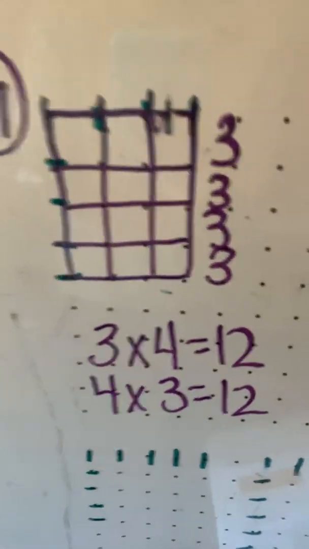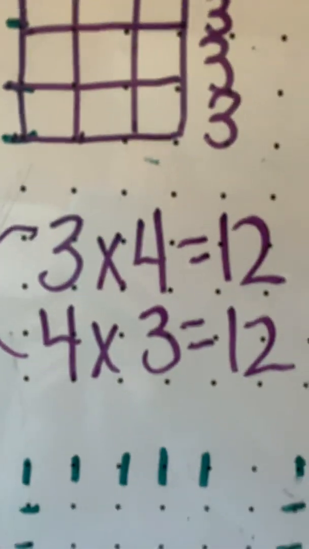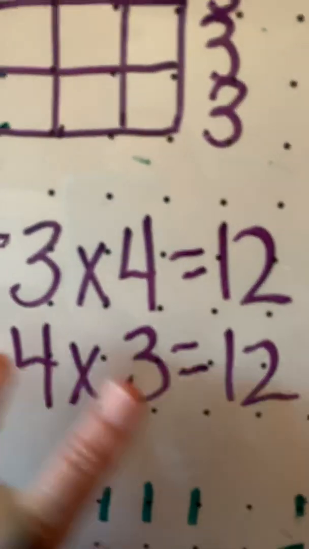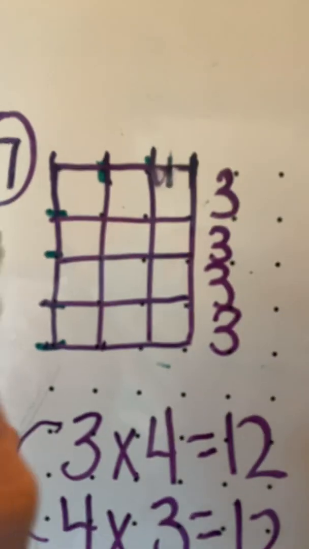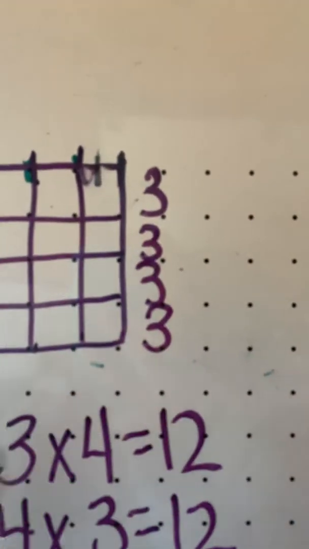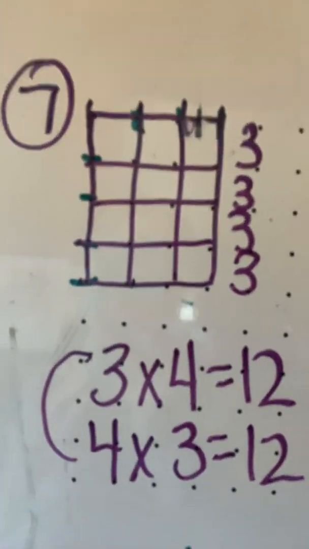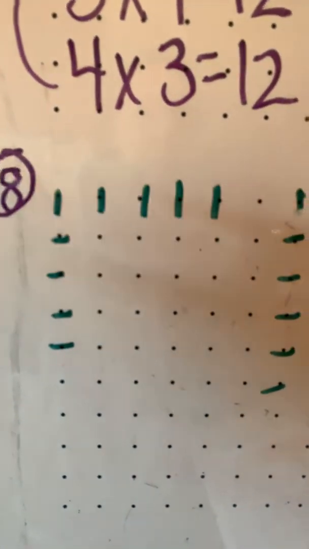All right, you don't need to worry about this part. This is just extra. All you need to worry about is measuring the squares and counting how many and drawing your lines nice and neat so you can see there are 12. Go ahead and you're going to do number 8, and then I'll have you do number 9 on your own.